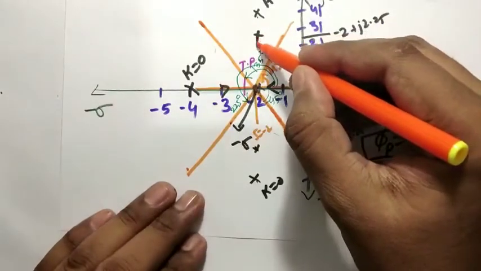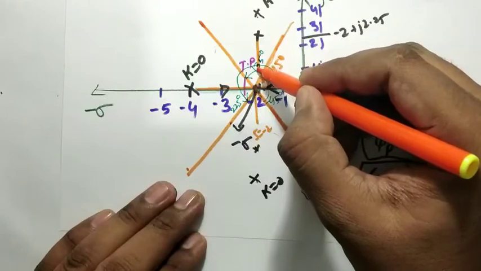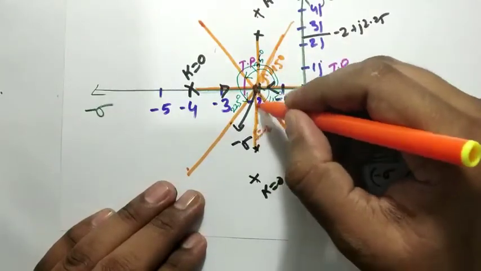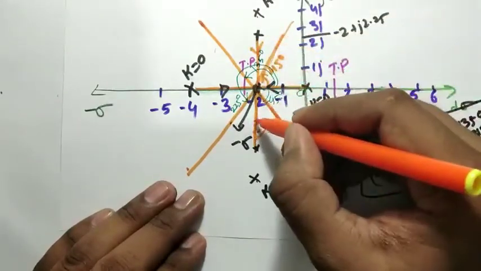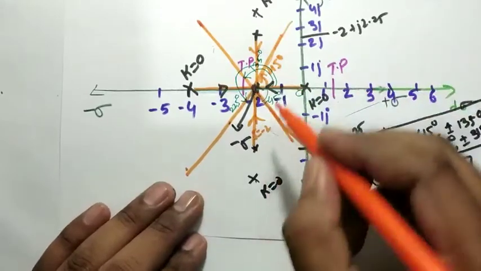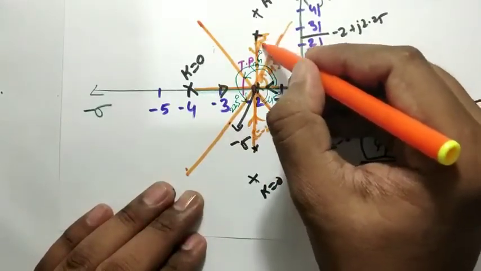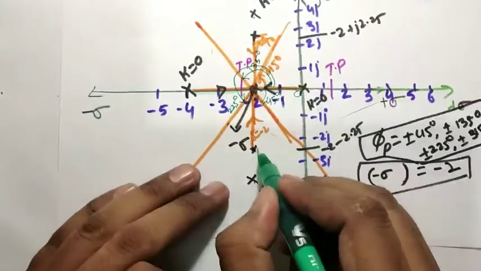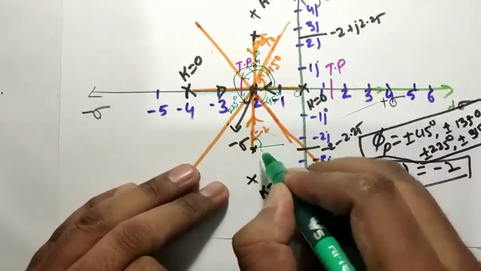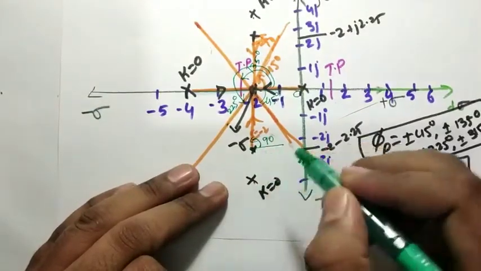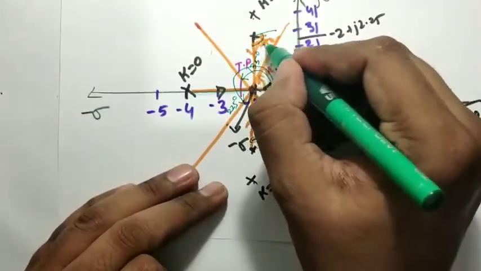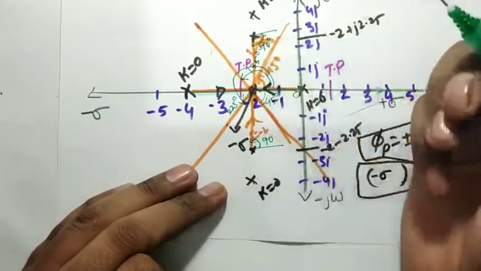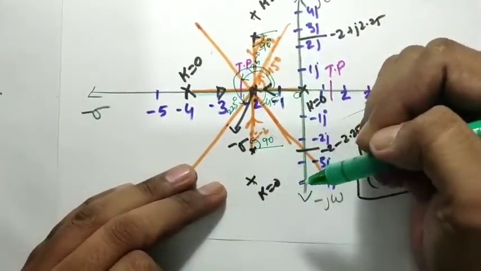So this is moving in this direction, and this is also moving in this direction, right? So at an angle of minus 90, and this is at an angle of plus 90. You just see that this is moving plus 90, and this one is minus 90 degrees. So moving like this, right?